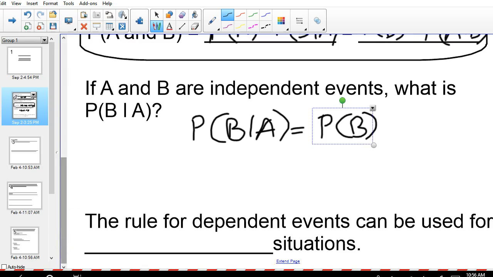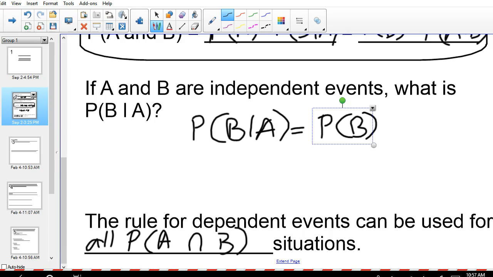The rule for dependent events can be used for all probability of A and B situations. I'm using a new symbol here that I don't believe I've used with you before. If you have an upside down U, that is a symbol that means and.